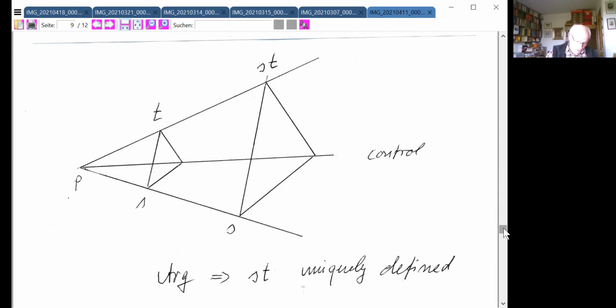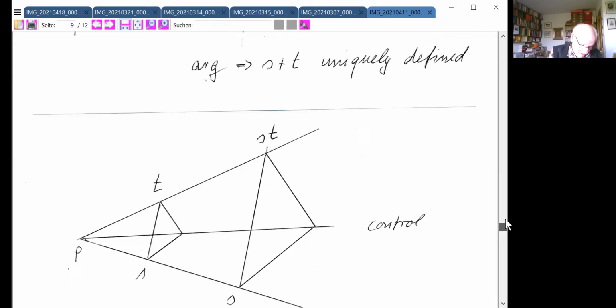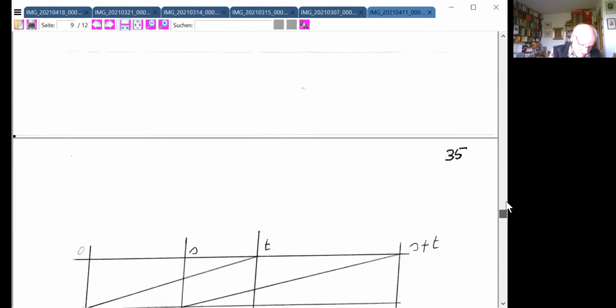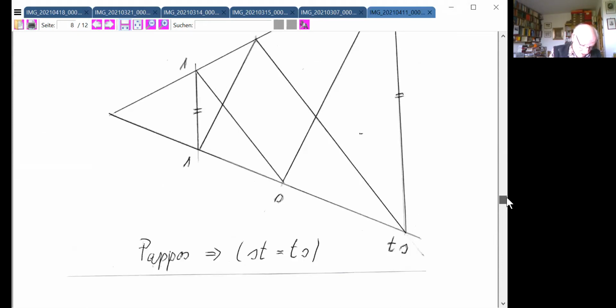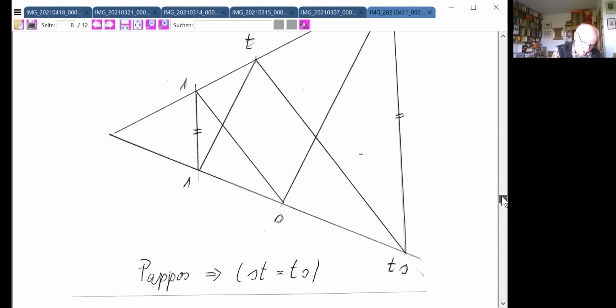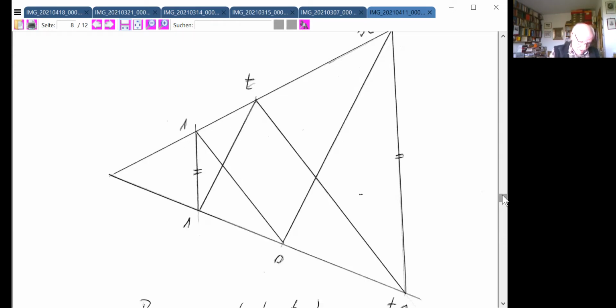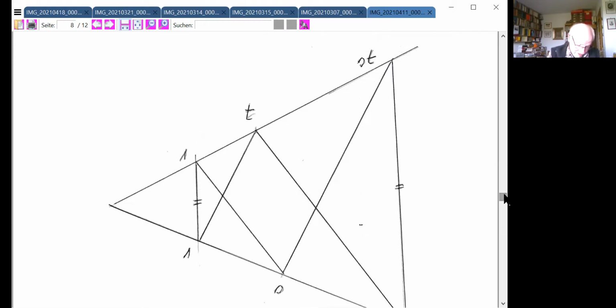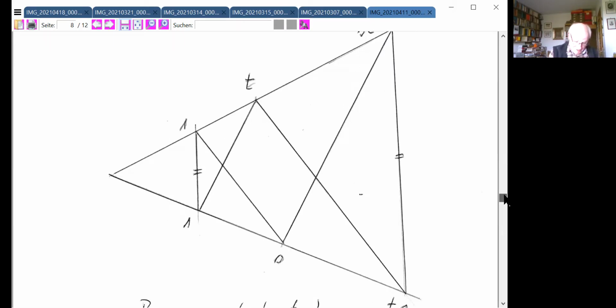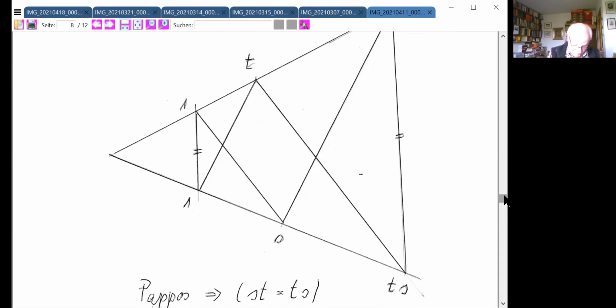Now in 34, we have a Pappus figure. If you consider the upper ray, you see how you can, from 1 and T and S on the lower ray, construct S times T, S the left factor.